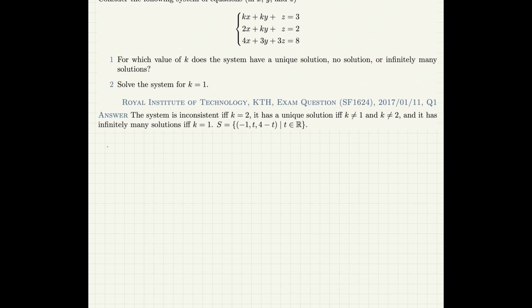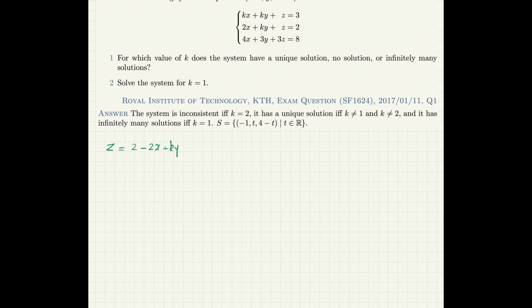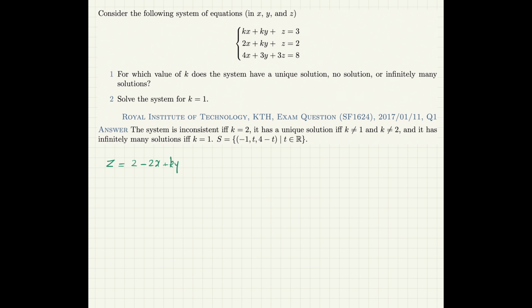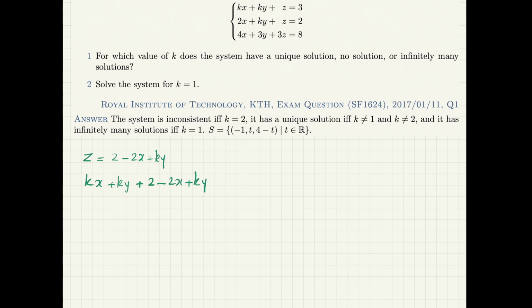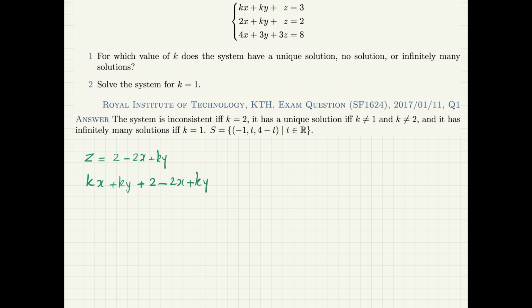So then this z becomes 2 minus 2x plus ky. Then I plug it into the first equation, so it becomes kx plus ky. Instead of z, I plug this expression in. Oh, I made a mistake. So this is a negative sign.